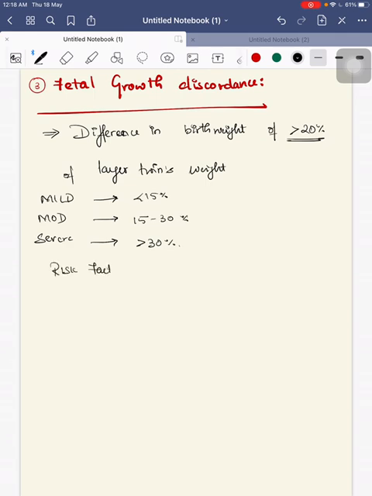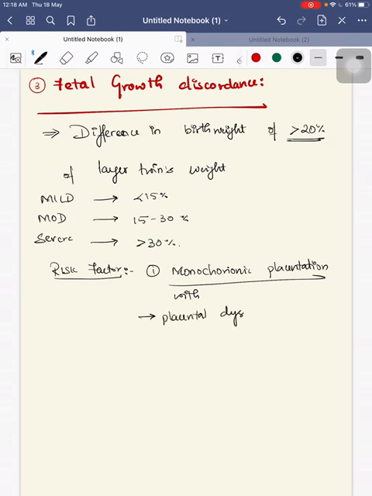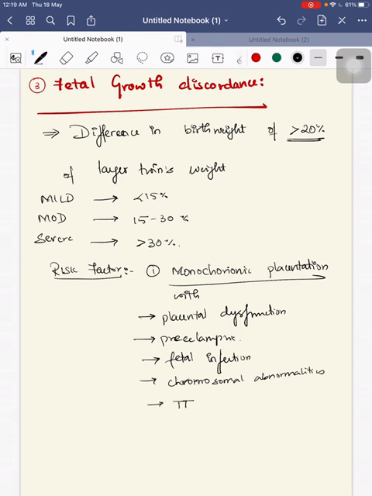The risk factor is monochorionic placentation, especially monochorionic placentation along with placental dysfunction, when the mother has preeclampsia, when the fetus has an infection, that is fetal infection, or when they have chromosomal abnormalities, or when it is associated with twin-to-twin transfusion syndrome. So these are the fetal growth discordance risk factors.